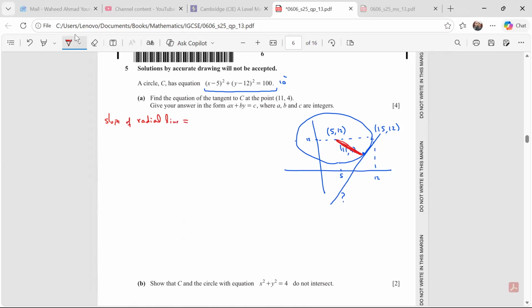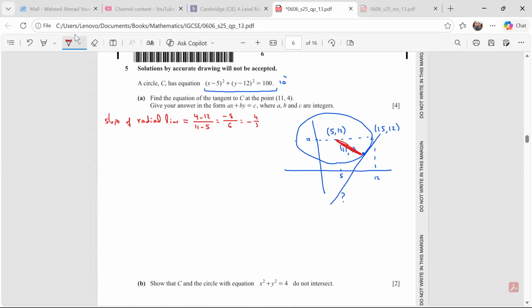That slope is going to be y2 minus y1, so y2 is 4 minus y1 is 12, over x2 is 11 minus x1 is 5. So this is minus 8 over 6, so minus 4 over 3, right?